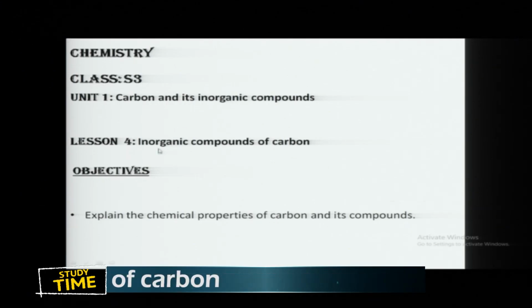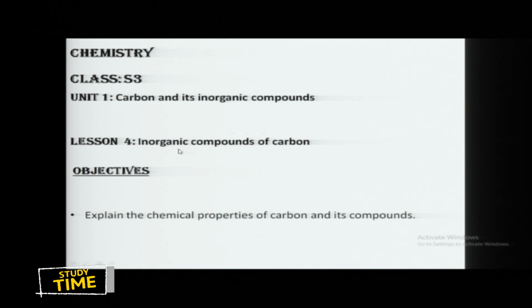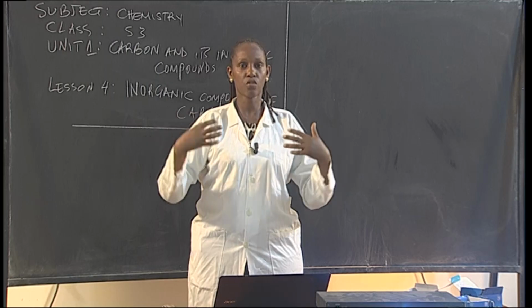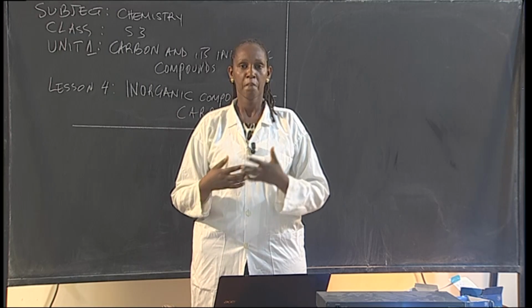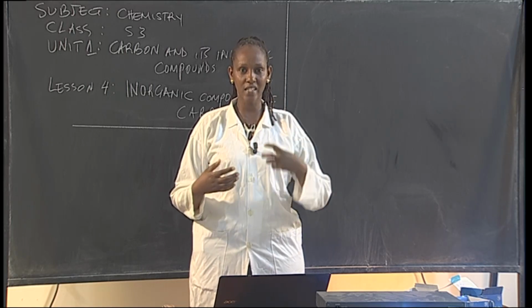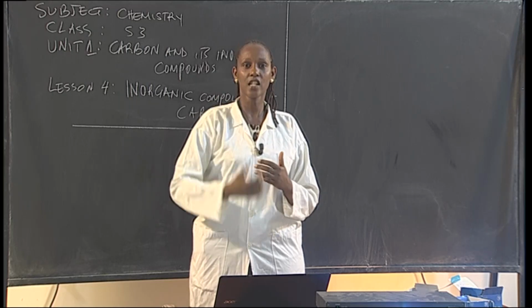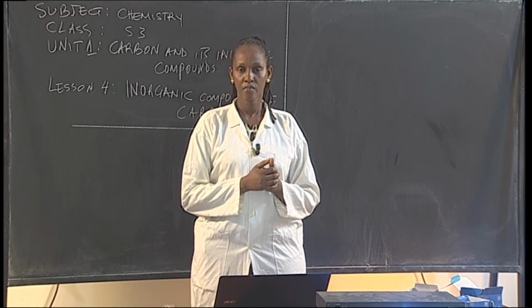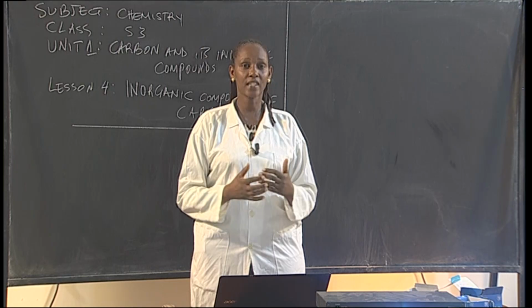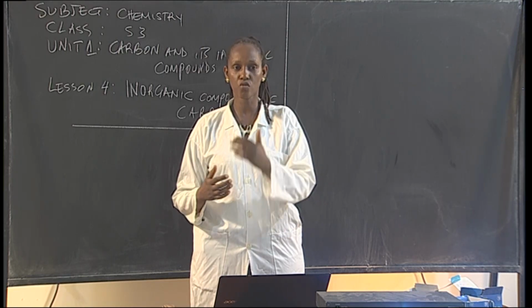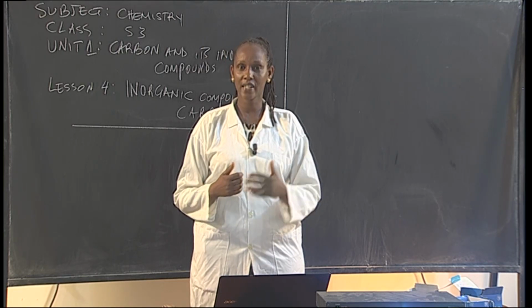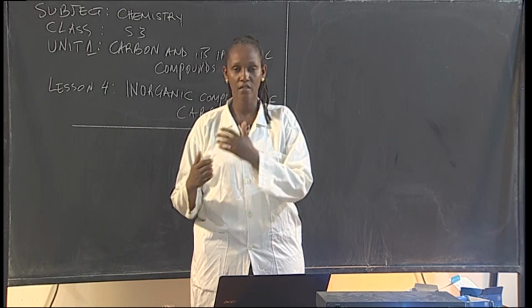Carbon can exist, as we had learned in the introduction of the unit, as a free element, or it can exist in a combined form. That is what we call inorganic compounds of carbon: carbon existing in a combined form.